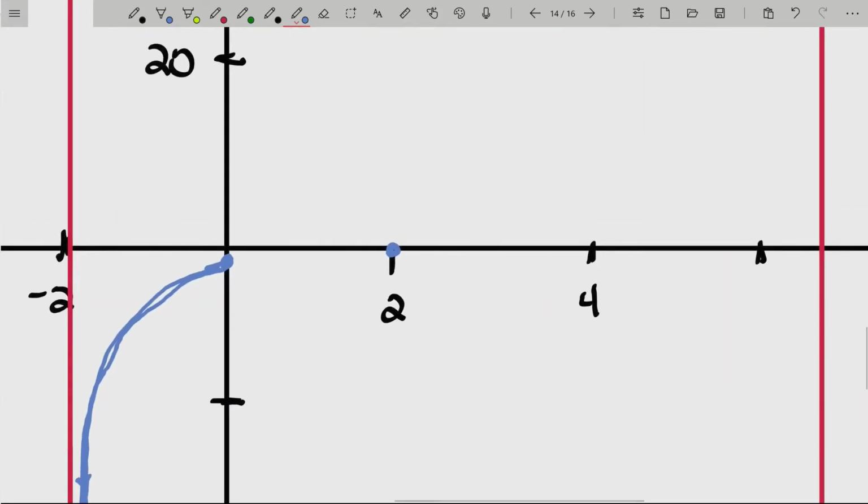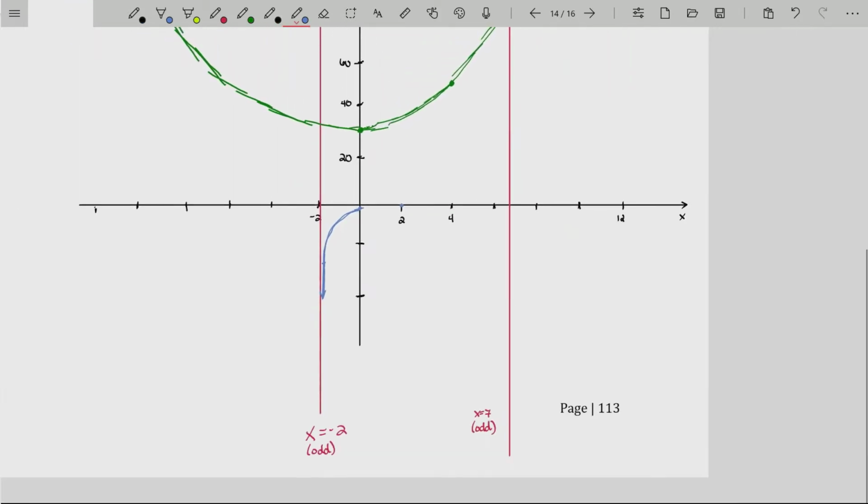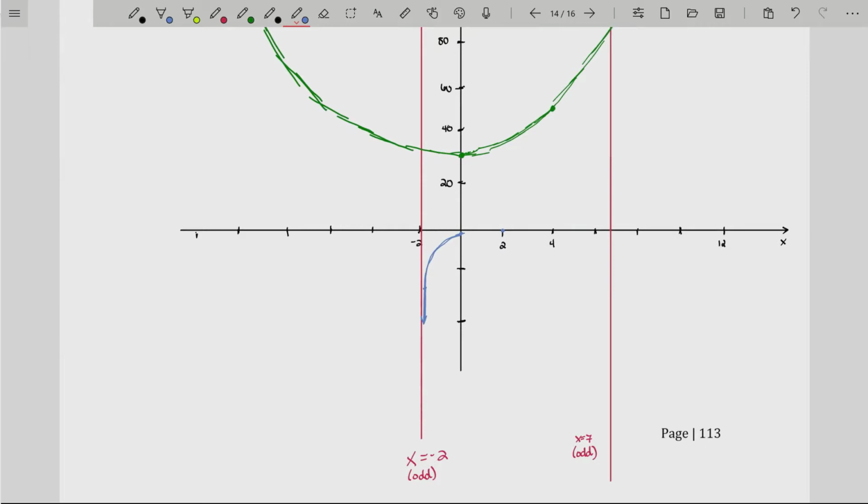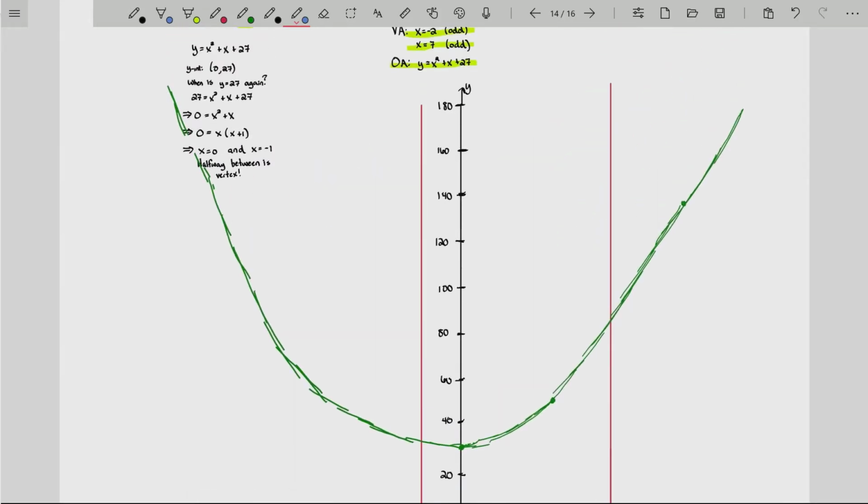And now, actually, maybe I should continue to the left. Notice that that vertical asymptote is odd multiplicity. So the behavior on the other side of that vertical asymptote will be the opposite. If it's going down on the right, it starts up on the left, left-hand side of that vertical asymptote, that is.